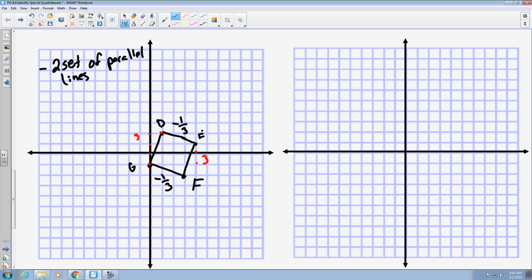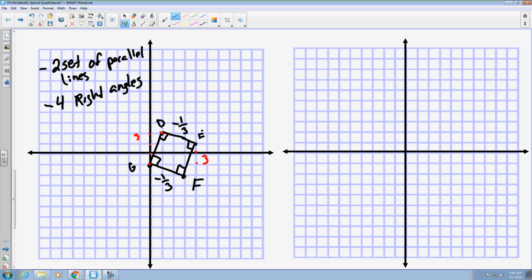So the opposite reciprocal: I go to 3, flipping the fraction makes it 1/3, change the sign, which makes it negative. So yes, these are all 90-degree angles. So now we can say at the very least it's a rectangle because we have 4 right angles.